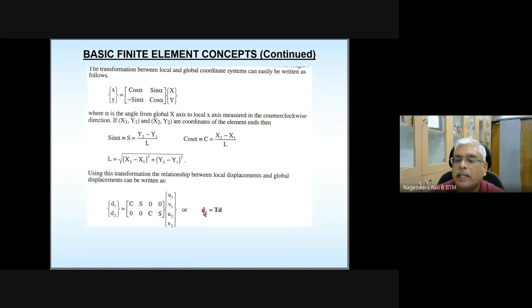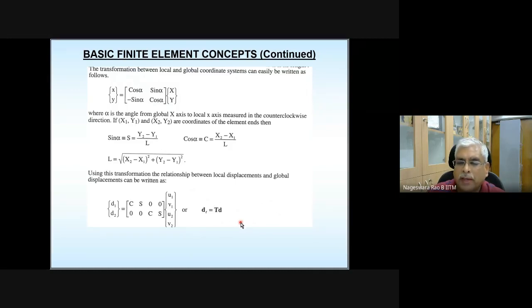So wherever D is there, replace it with R. RL is equal to T times R. If you want it in terms of R, R is equal to T transpose RL, because T is an orthogonal matrix. Okay, I hope that explanation is clear to you.